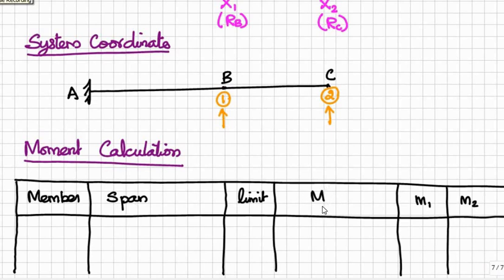Capital M is the moment due to external loads. Remember, while calculating capital M, we have to remove all the redundant forces, just only external loads. Then small m1 is the moment due to the unit load alone acting at system coordinate 1.